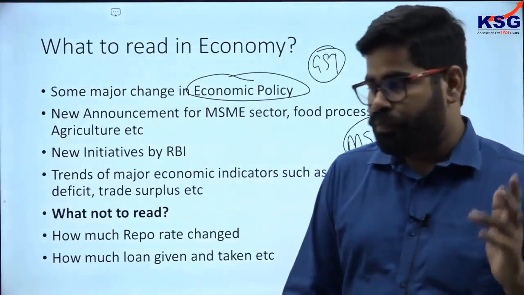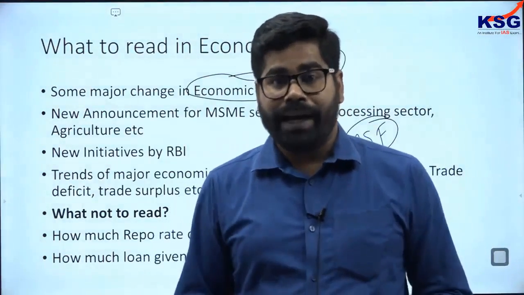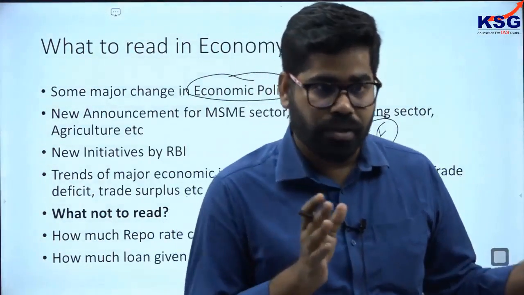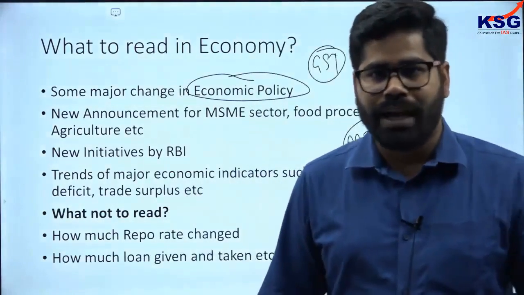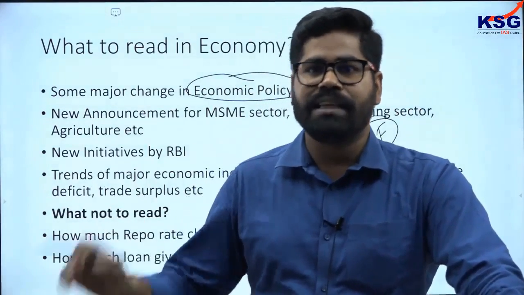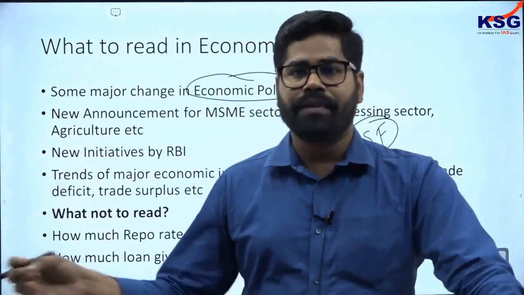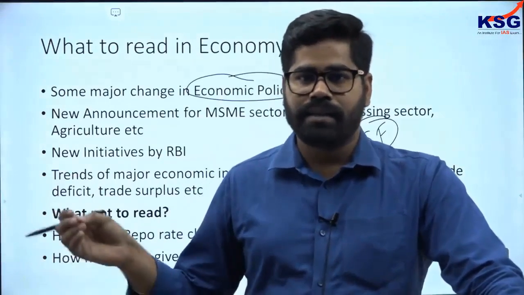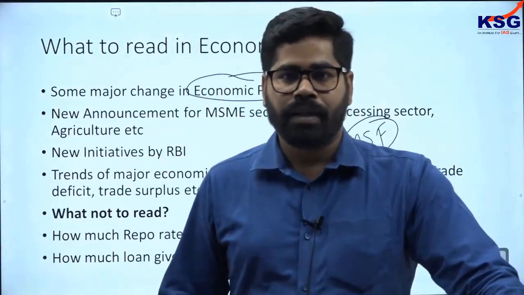Now, see, in the case of economy, you will find that they are asking questions on the basis of terms also. They have given a very simple question. They have simply asked, marginal cost of lending rate is frequently seen in the news. It is related to which of the following sectors? And they give options like banking sector, agriculture sector, food processing sector, environment, science and tech.